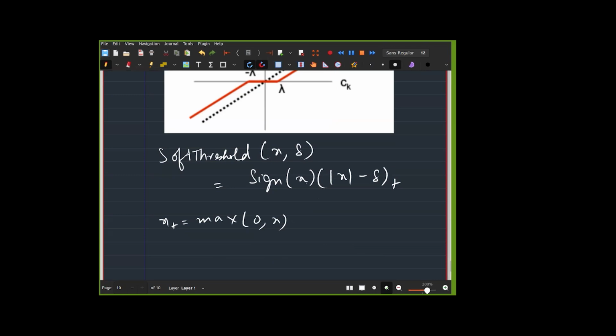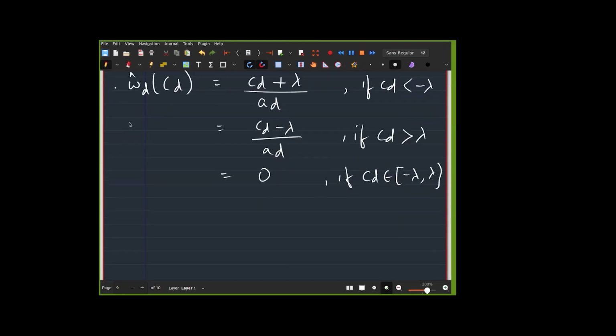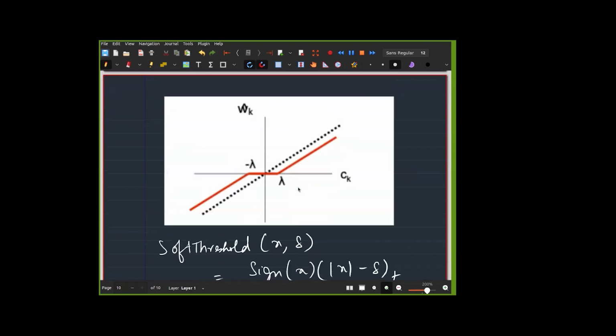If I think about the formula and what I've got, I could write this as W hat D equals soft threshold of CD by AD comma lambda by AD. And if you look at this figure, this is what it is. This is CD, or CK, and you have minus lambda and lambda here.